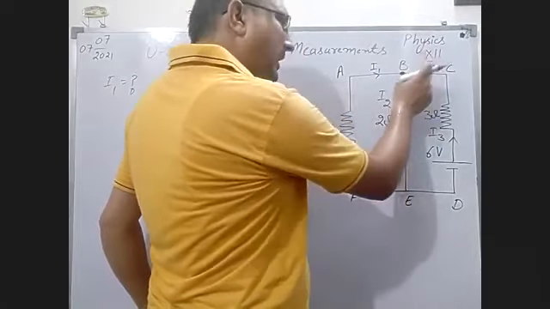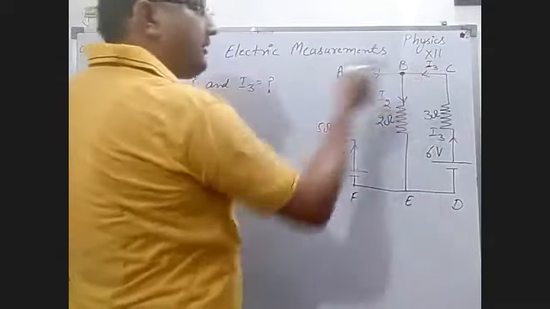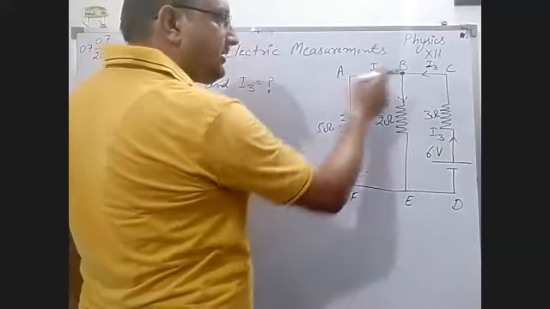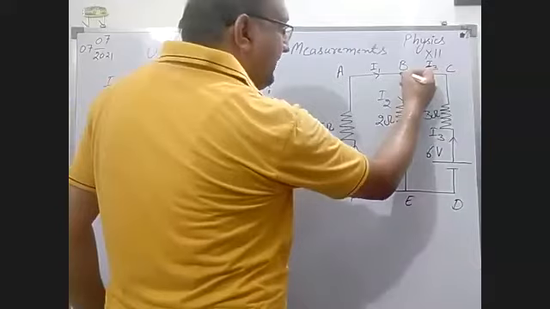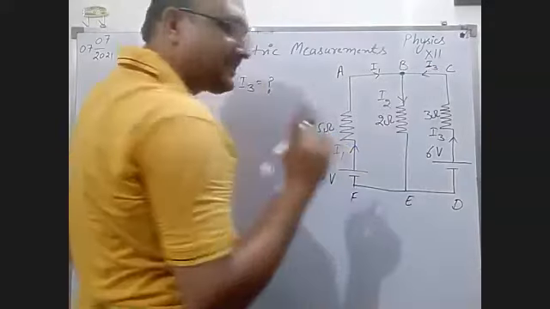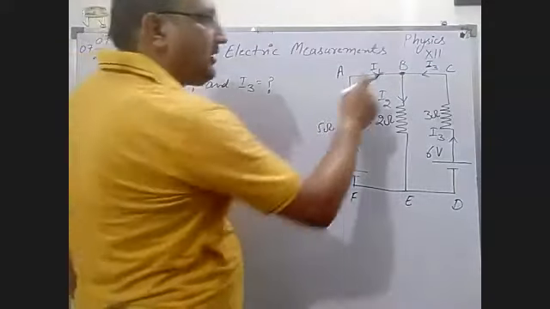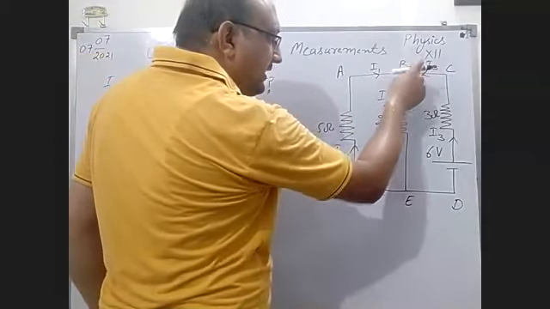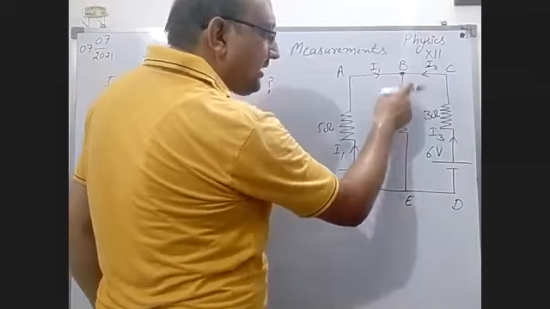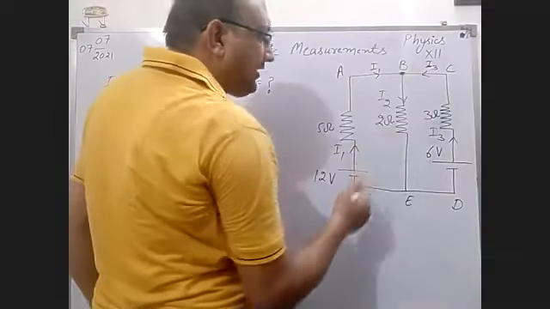And according to first rule, how can you write this I1, I2, I3? At point B, this point B acts as a junction, and these two currents are moving towards the point B, and this one is away from that. How can you write this thing?